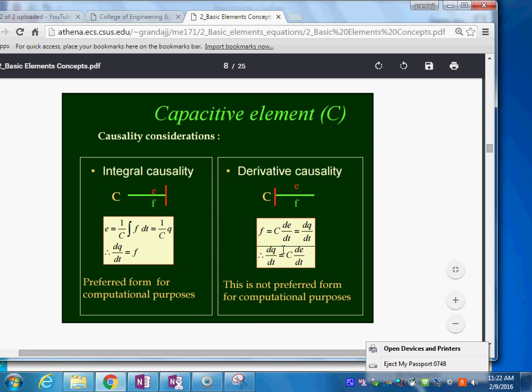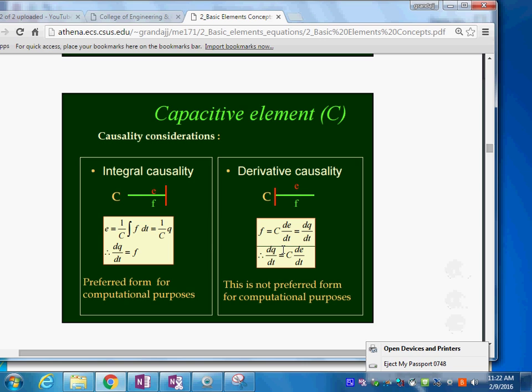The C element could also be represented in block diagram form, because all the block diagram form is doing is representing the constitutive law. And that's what this does. It's 1 over C times 1 over S, and we have E.